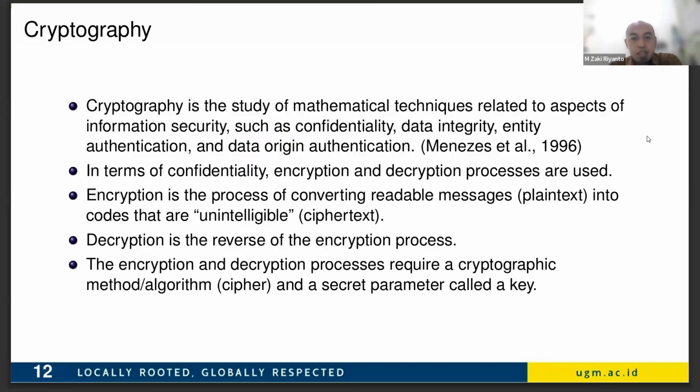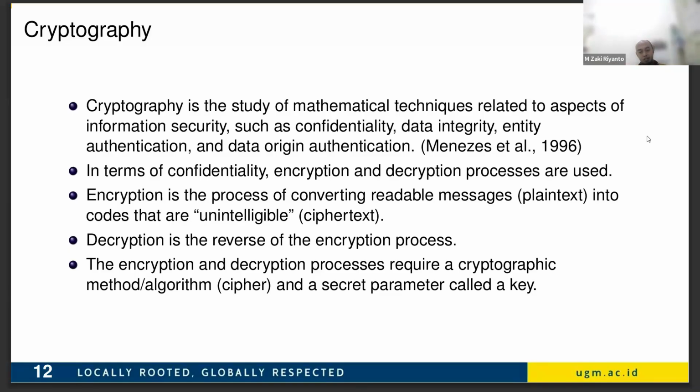So what is cryptography? Cryptography is the study of mathematical techniques related to aspects of information security, such as confidentiality, data integrity, and so on. In terms of the confidentiality aspect, we use the encryption and decryption process.